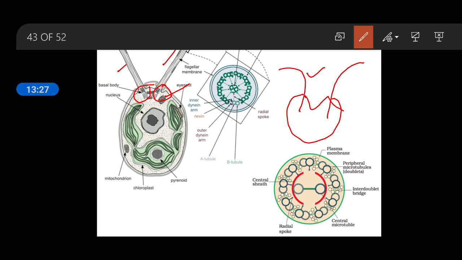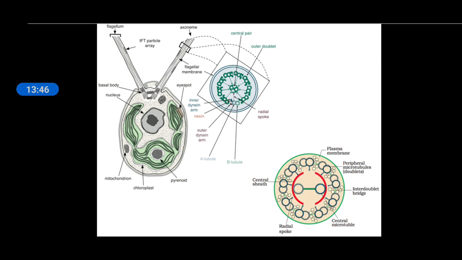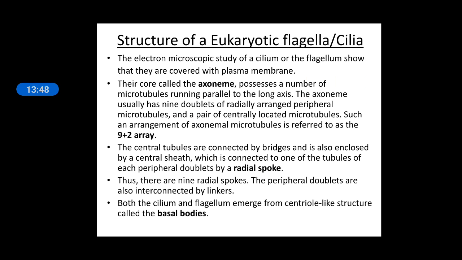One is this, called the filament, and at the base the structure present is known as the basal body, and the basal body is actually a centriole. Okay, so this flagellum arises from the centriole. So this is about the structure of a eukaryotic cilium or flagellum.